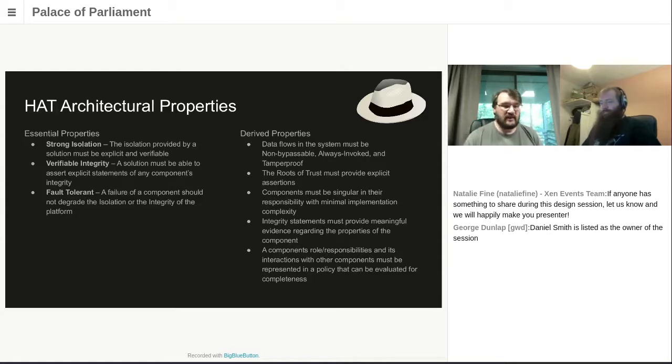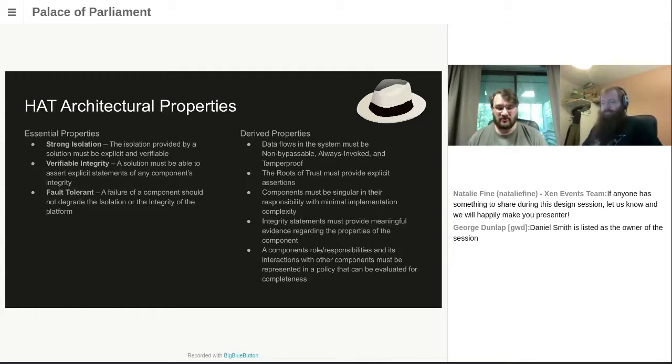You have that the data flows within the system must adhere to the NEAT principle, the non-bypassable, always invoked, and tamper-proof. Your roots of trust need to provide explicit assertions. You cannot rely on blind trust or assumptive trusts. Components must be singular in their responsibility with minimal implementation complexity.